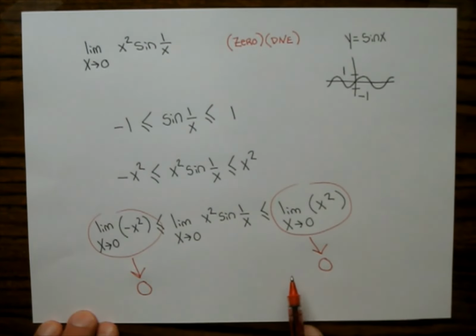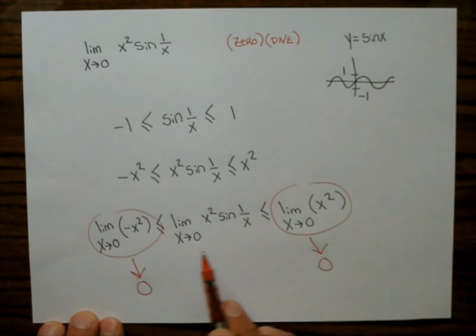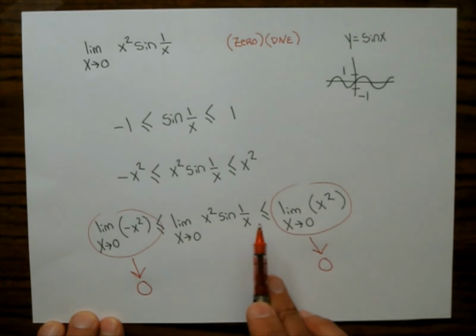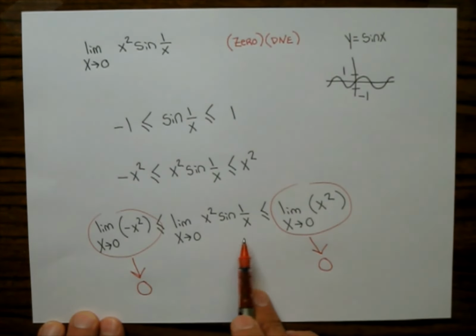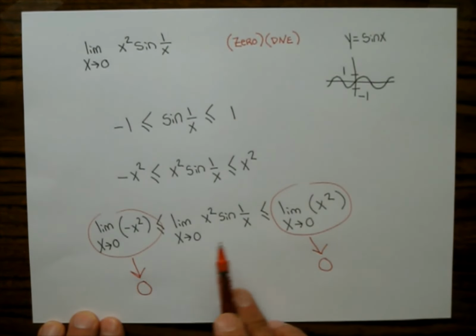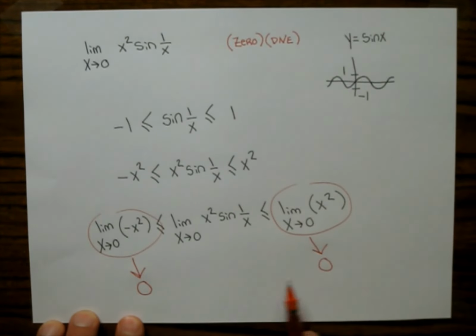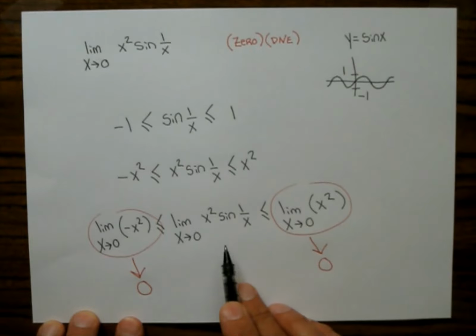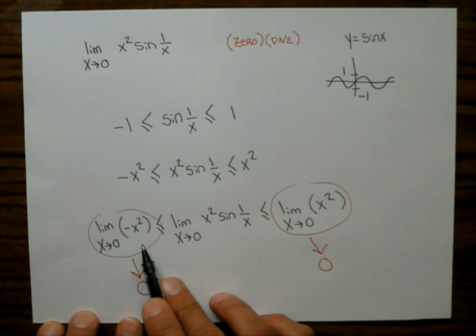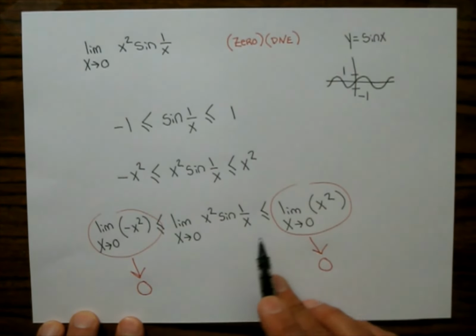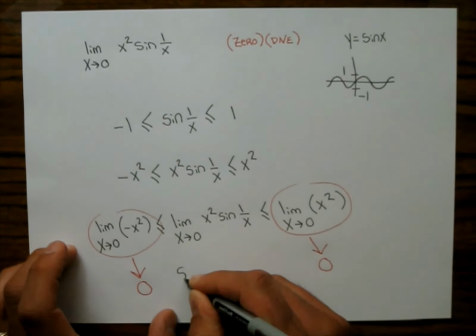And notice, you have both pieces of bread. Think of this as a sandwich. No one would really like to eat that kind of sandwich, but both pieces of bread are going to 0. So what do you think the middle one's going to do? The middle one's squeezed in between those functions, so it will go to 0 as well.